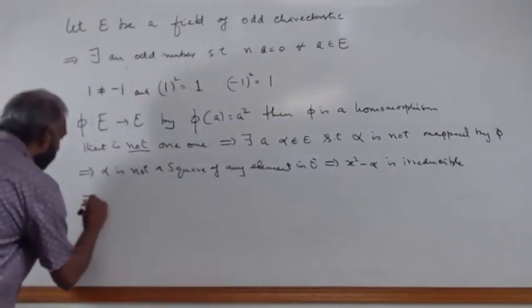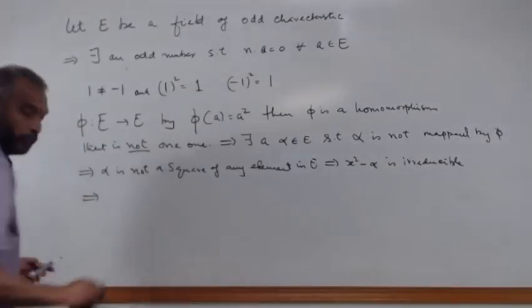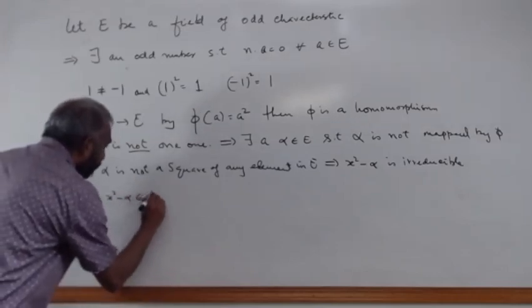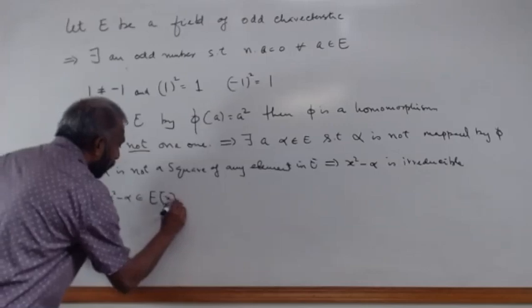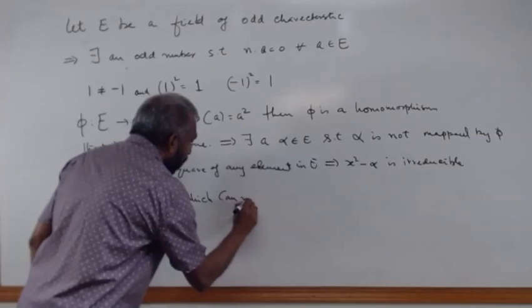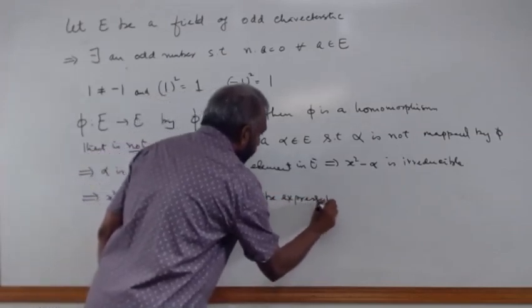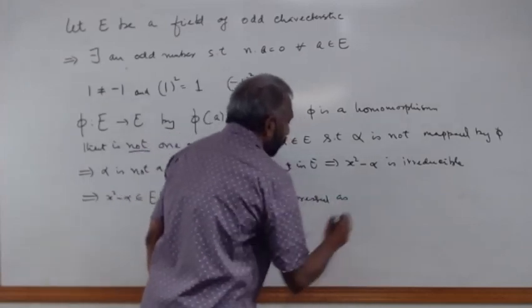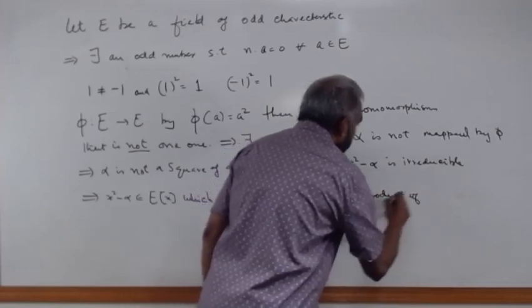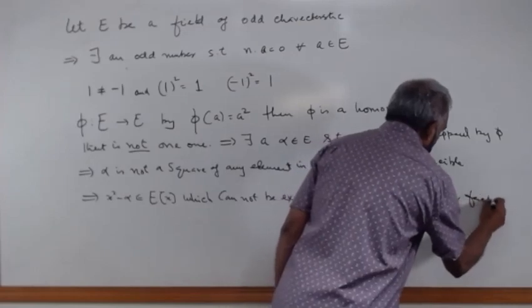That means x squared minus alpha belongs to E of x, which cannot be expressed as a product of linear factors or polynomials.